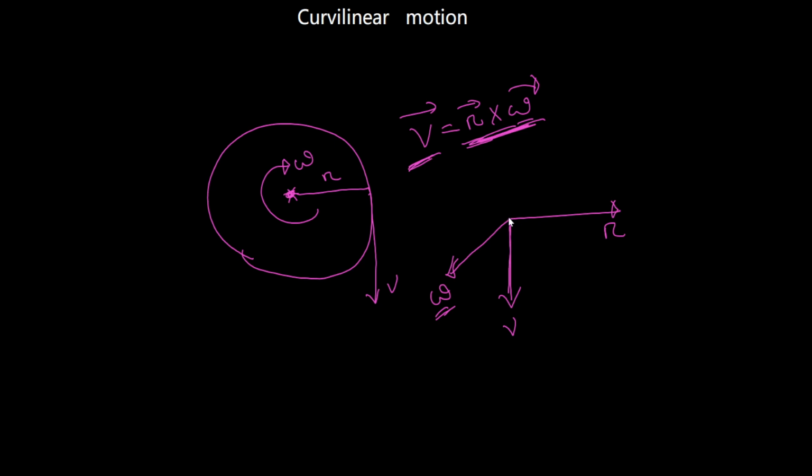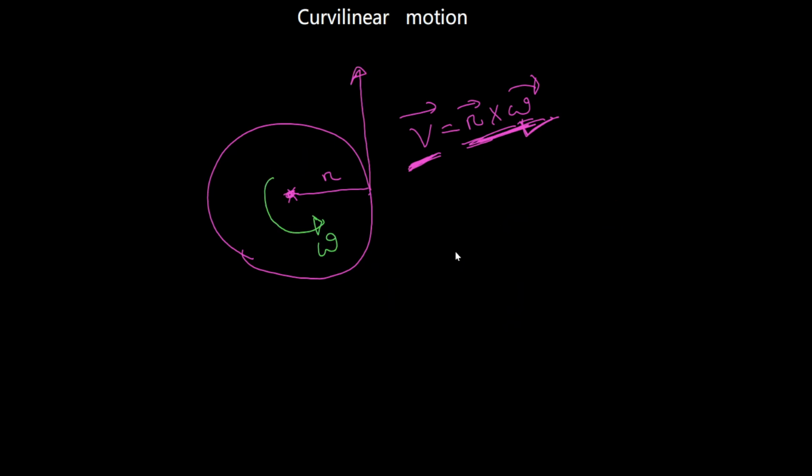Align your thumb in the velocity vector direction, because you know the velocity direction, whichever direction the object is moving. You want to know the direction of omega, so you align your right hand thumb in this direction, and the thumb is directed vertically downward.